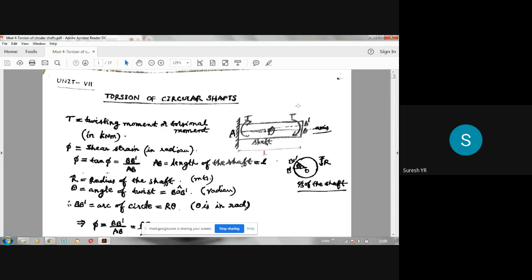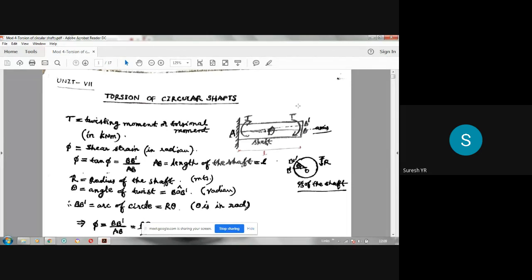So we have discussed in strength of materials till now the direct stresses, which is normal stress. Normal stress means tensile and compressive stresses. Then we discussed shear stresses. They all represent the strength of a particular section of a material.